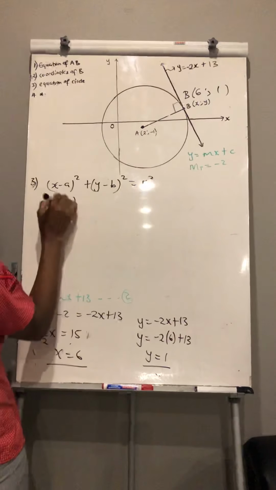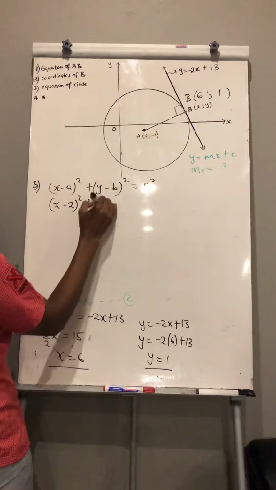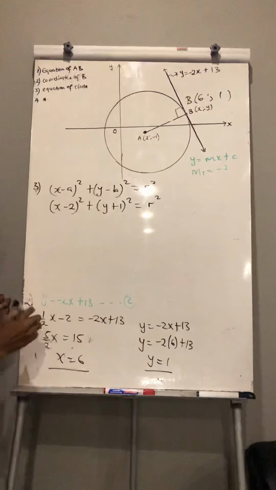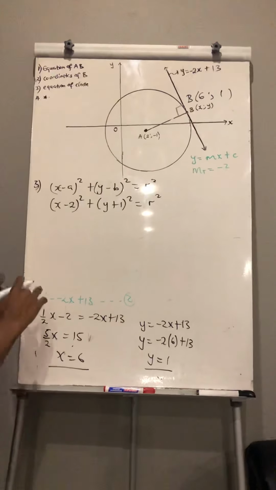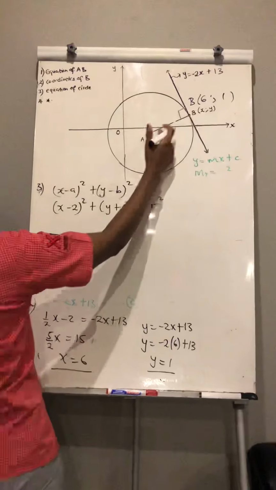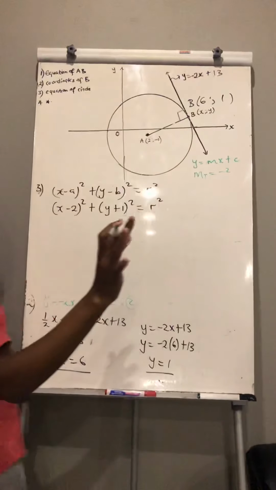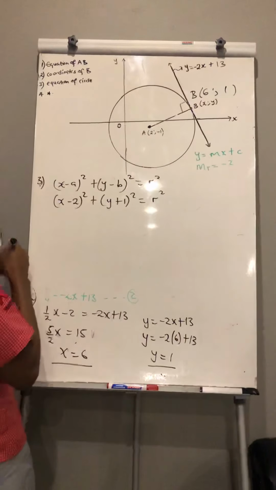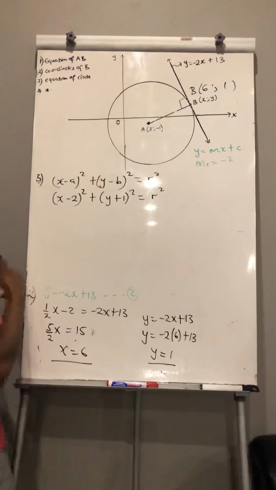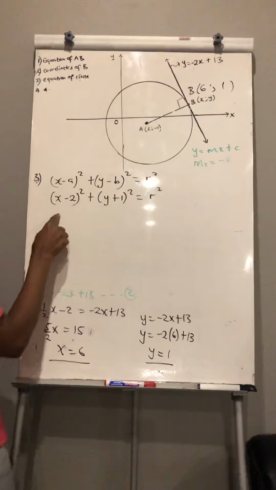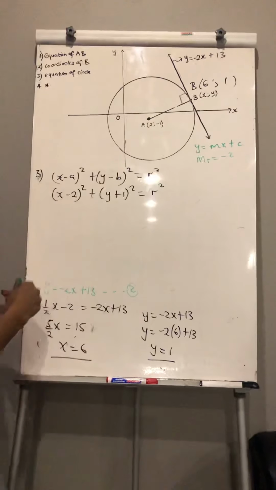So it's here, and then I'm going to say y plus 1 and say r squared. The thing is, you want the radius of this. You can use distance formula using these 2 coordinates and calculate the radius, and then you carry on. But I always say to you, there is no need for you to start up another distance formula when we know that this whole formula actually came from the distance formula.